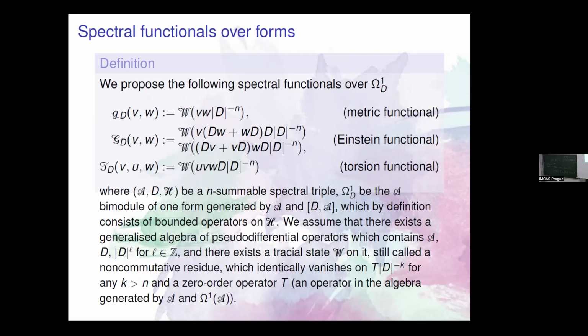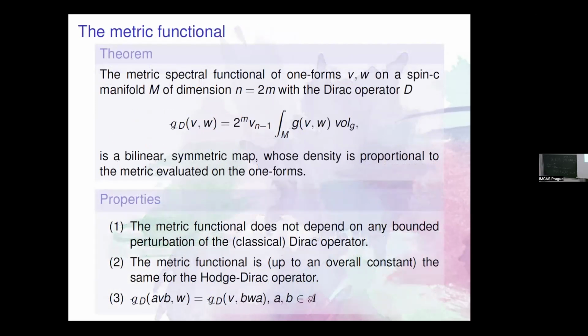Okay, so the first theorem is that exactly when you take a spin manifold, you take two one forms, just usual one forms. Of course, you represent the one forms as sections of the Clifford bundle, right? The image of dx mu is gamma mu, using the Clifford algebra.